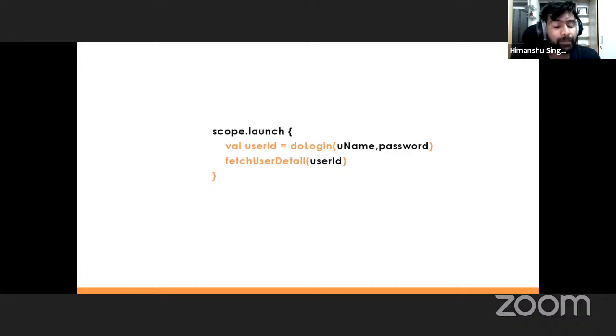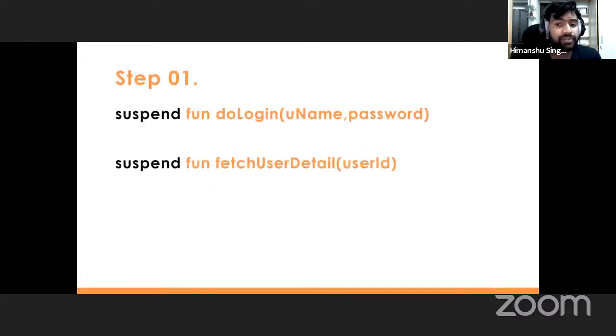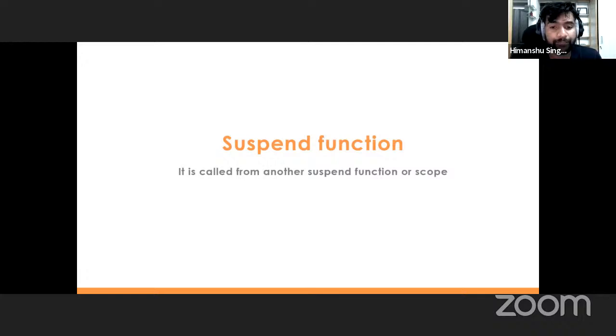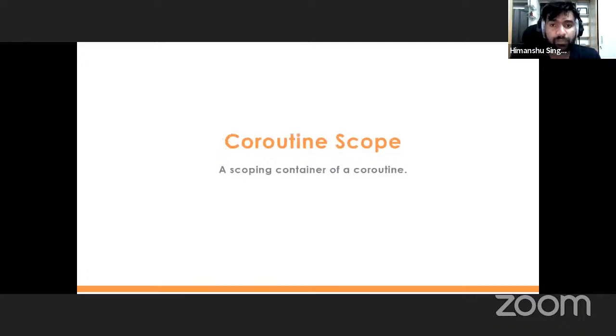Here, as a generic name, I gave it as scope.launch, or it can be called from inside another suspend function. So fetch user detail can actually be called from the do login function, because it's a suspend function as well, right?